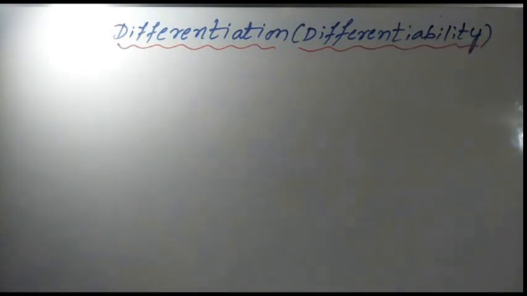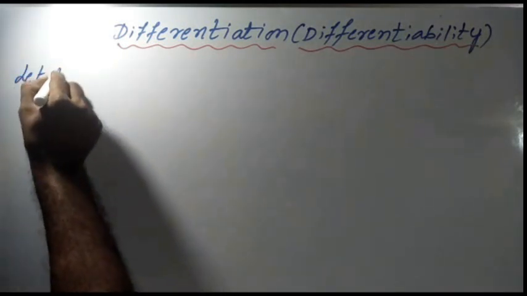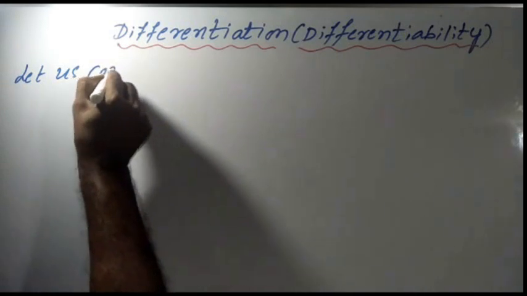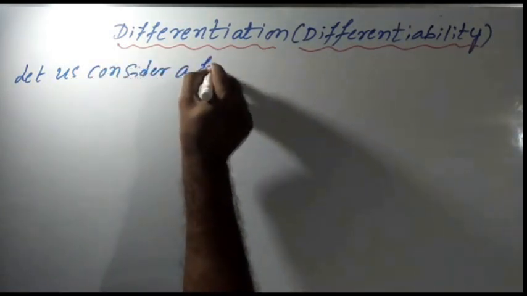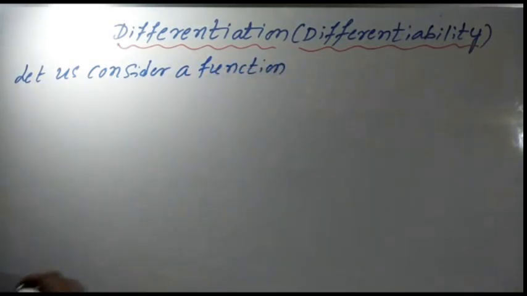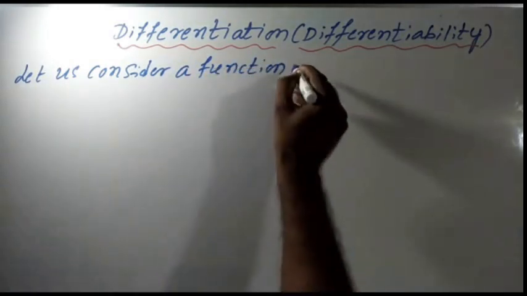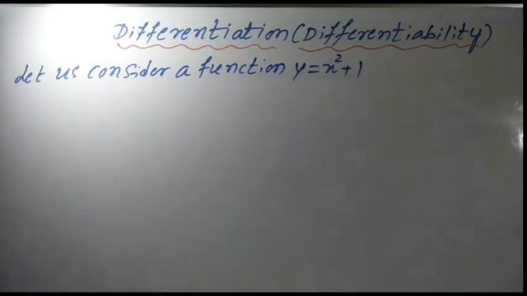Now we start to understand the concept of differentiation with an example. Let us consider a function y is equal to x square plus 1.